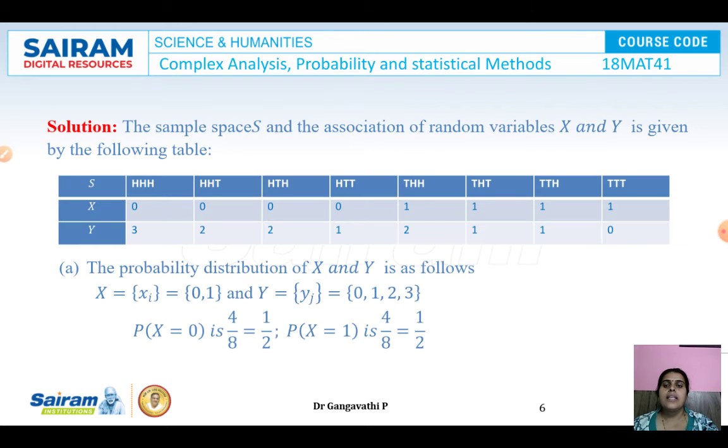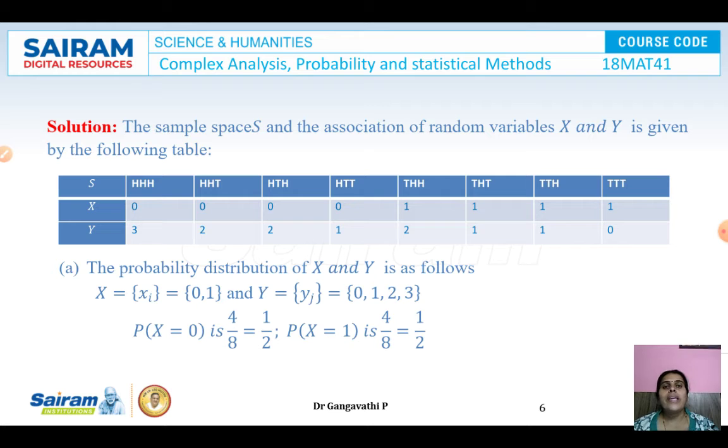So when head occurs in the first toss, I must substitute the value 0. Here you can see in the first toss head occurs, so the value is 0. Here also in the first toss head occurs, so x takes the value 0. Here also it is 0. Here it is head in the first toss, so it is 0. Whereas in this outcome, even though we have heads, in the first toss it is tail, so x takes the value 1. Here also 1, here also 1, and here also 1.